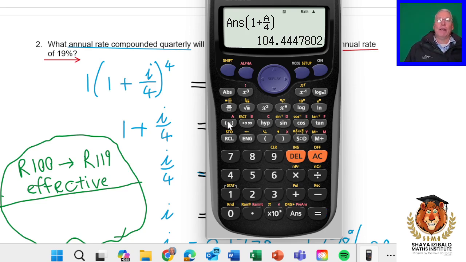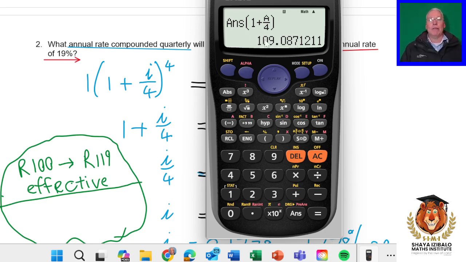Now, the clever thing is that because I've pressed equals, this number here of 104 Rand is now an answer. When I press equals again, the calculator will redo the calculation, but this time it will add a quarter of 17.78% to 104 Rand, and that's how much I've got after 2 quarters.